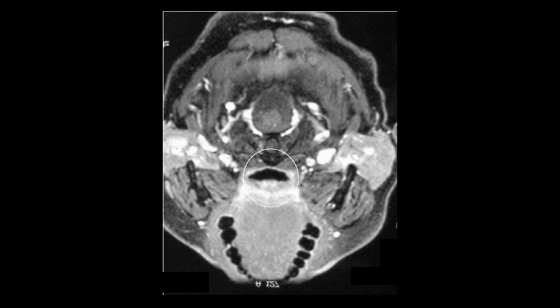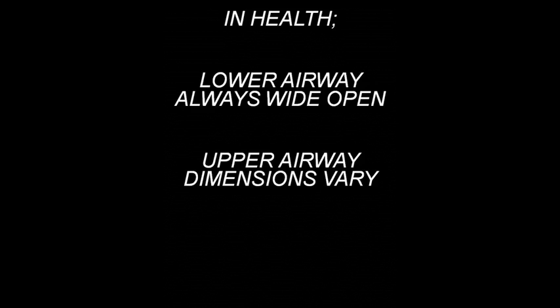It also varies with the phases of the respiratory cycle, and of course, from one individual to another. So in fact, upper airway caliber is determined by the muscle tone of the surrounding muscles, and muscle tone changes physically and dynamically.